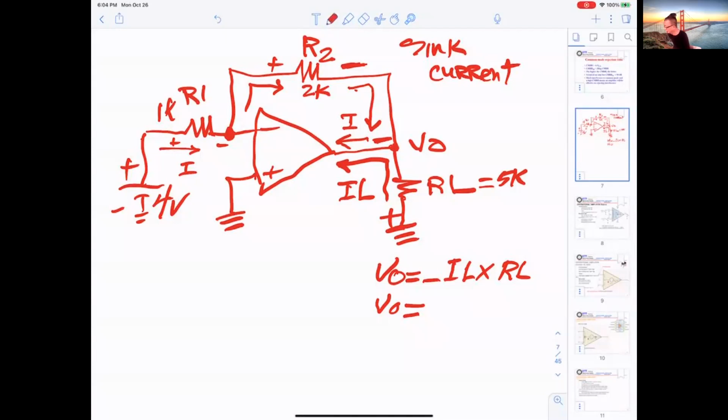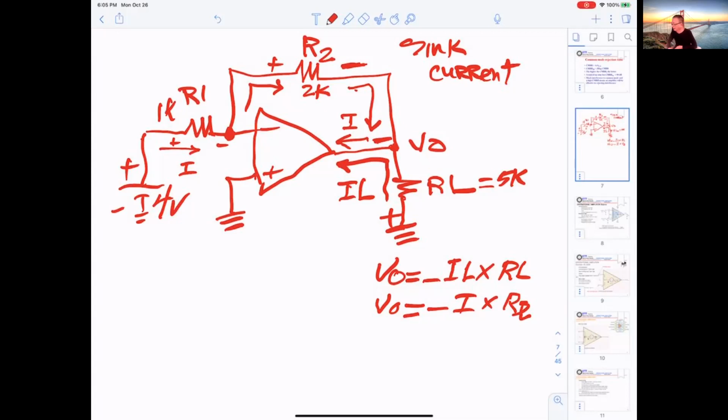So they will be equal minus I times R2. R2 is what they call a feedback resistor. Feedback resistor means the resistor connects from the output back into the input.